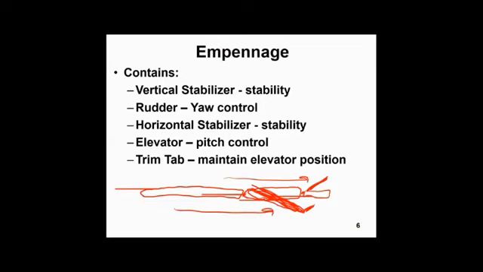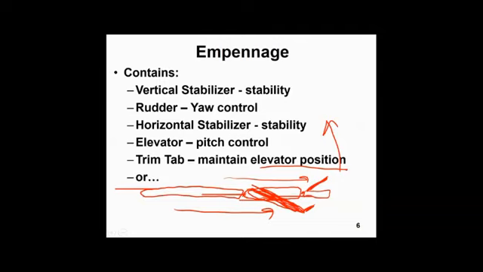Now the airflow is going to hit it, and it's going to push the whole tail up. So really the trim tab is there to keep the elevator in the correct position so that you as the pilot don't have to push or pull on the elevator. If somebody said, hey, what's the trim tab there for? You would say the trim tab is to maintain elevator position where I want it.